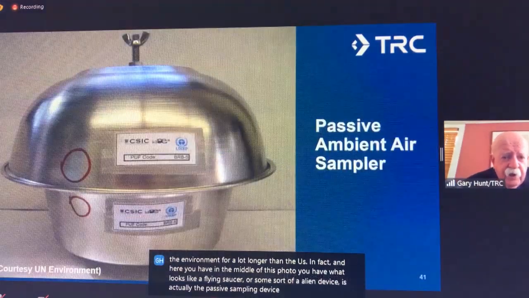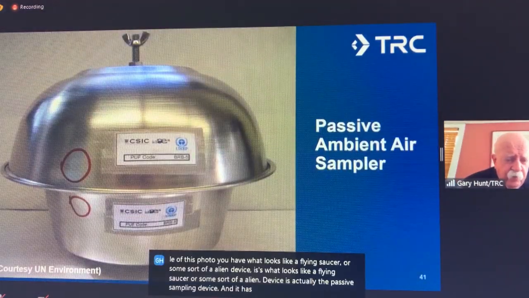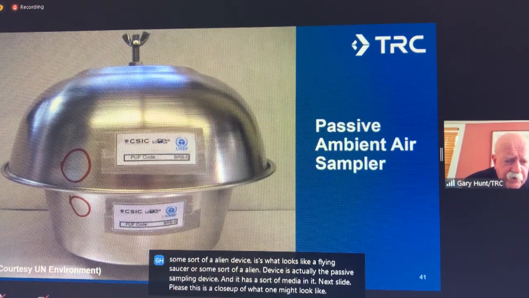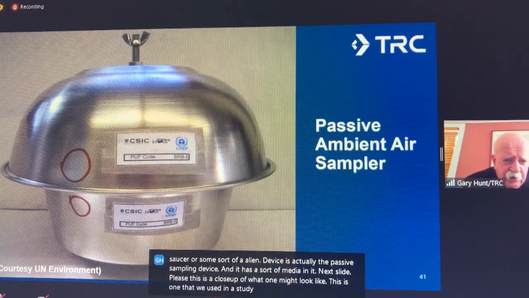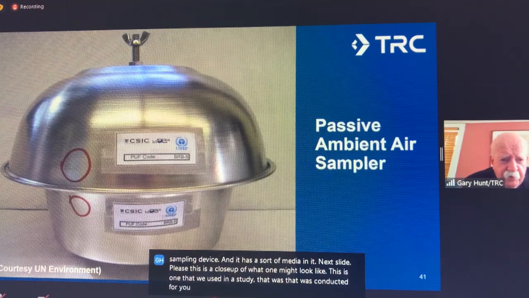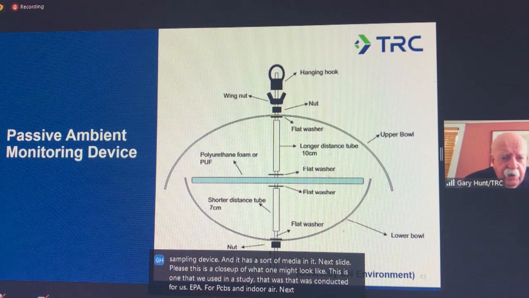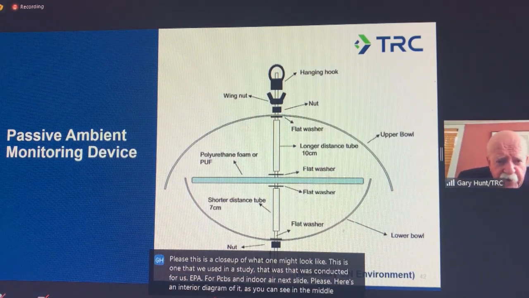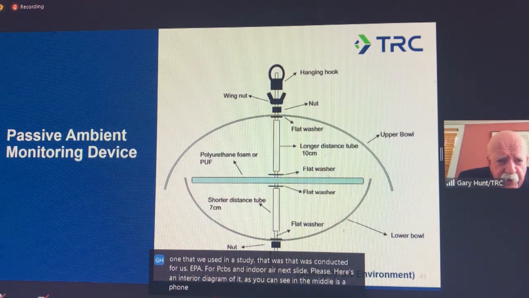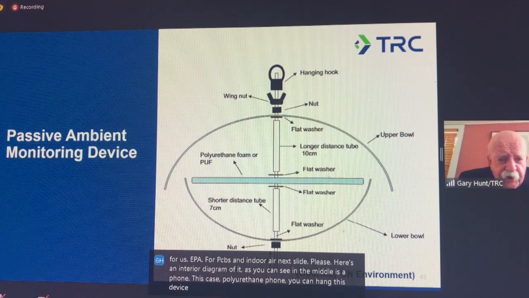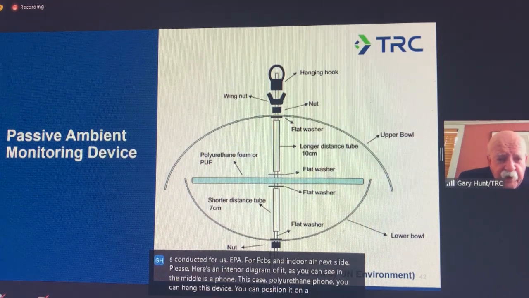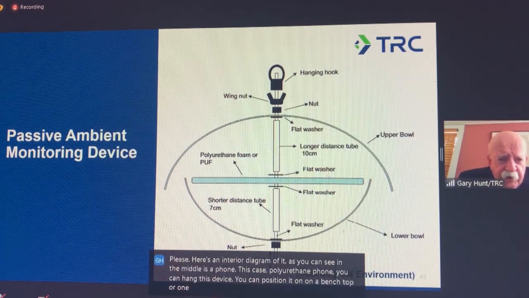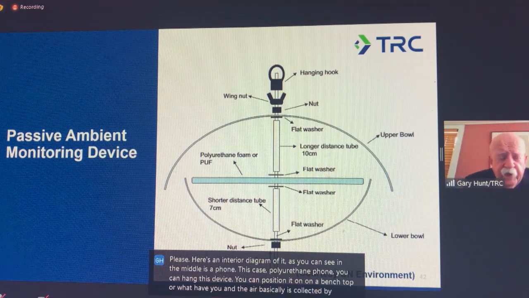Next slide, please. This is a close-up of what one might look like. This is one that we used in a study that was conducted for USEPA for PCBs in indoor air. Next slide, please. Here's an interior diagram of it. As you can see, in the middle is a foam disc, in this case polyurethane foam. You can hang this device. You can position it on a bench top or what have you. And the air basically is collected by a process called passive diffusion.